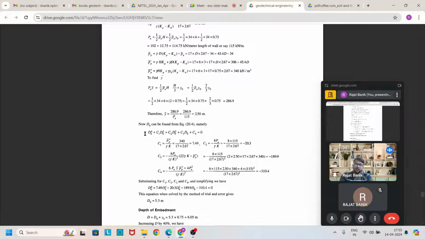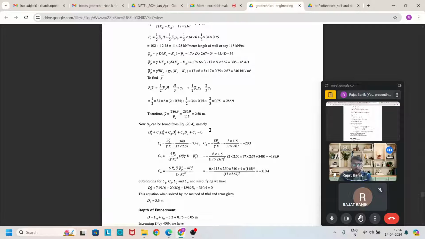Now if we put all these values in this equation, we get d naught to the power 4 plus c1 d naught cube plus c2 d naught square plus c3 d naught plus c4, where c1 is Pp double dash bar by gamma k, c2 is 8 Pa by gamma k, c3 is minus 6 Pa by (gamma k) whole square into (2 y bar gamma k plus Pp double dash bar), and c4 is minus 6 Pa y bar Pp double dash plus 4 Pa square divided by (gamma k) whole square.